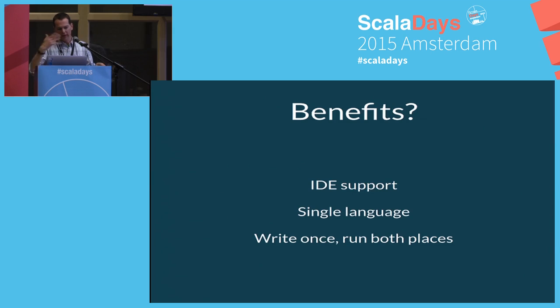And you get a single language to write in. In and of itself, writing in a single language isn't terribly interesting to me, and the IDE support isn't terribly interesting, but they are real benefits. And the whole thing about writing an algorithm once and using it straight out of JavaScript, I still think is kind of magic.